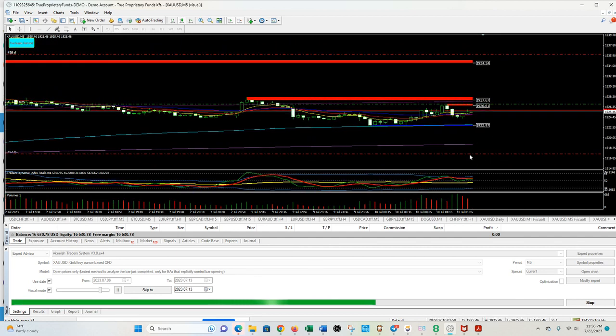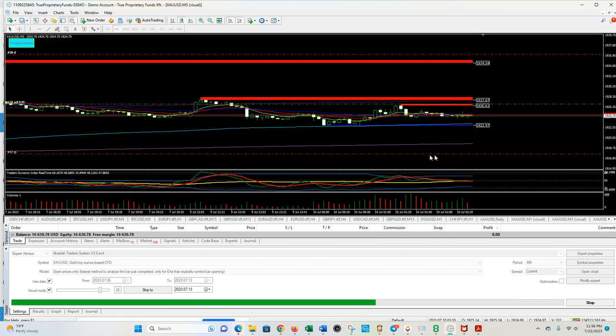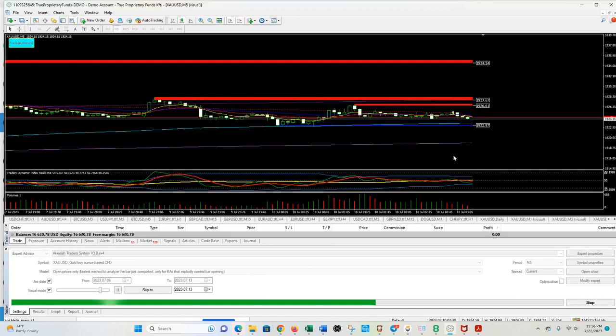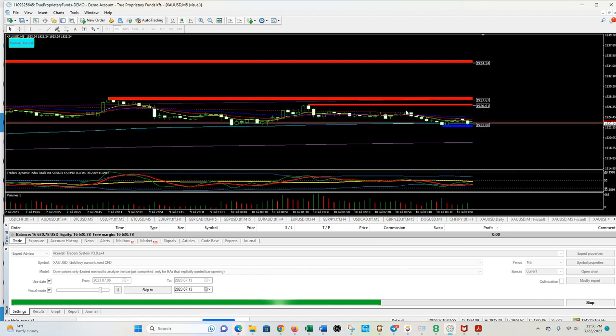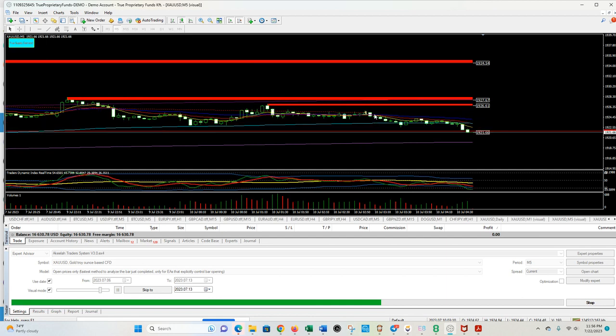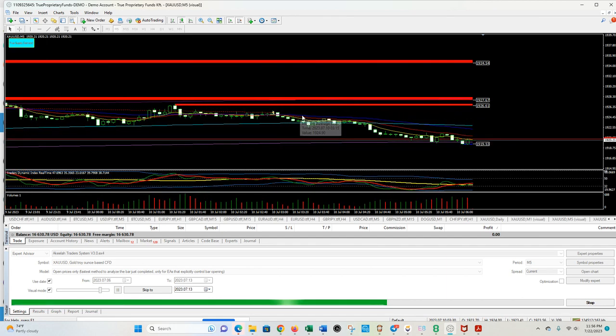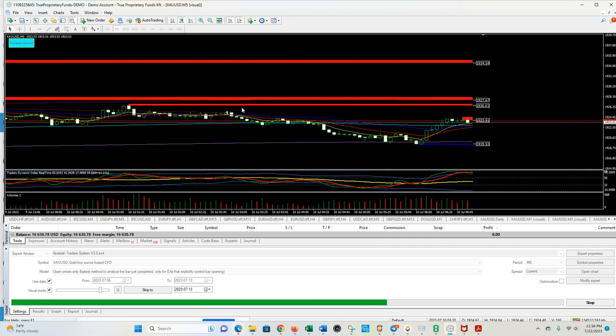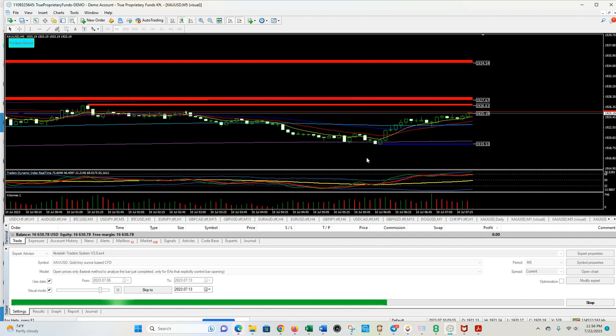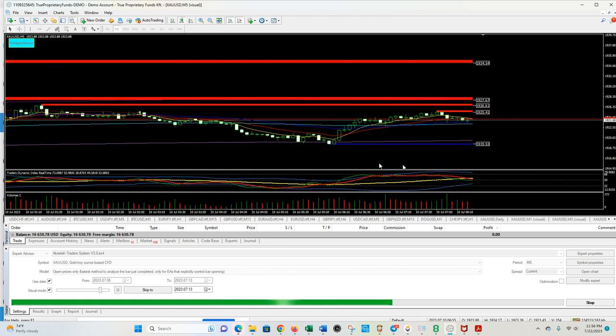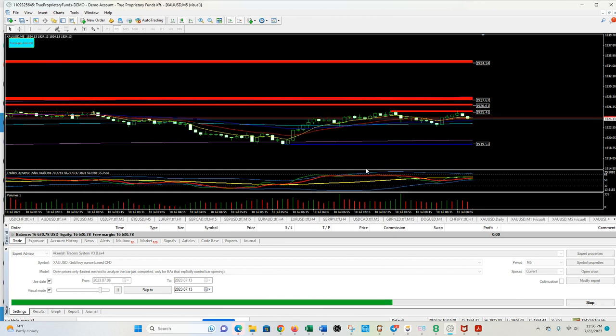So we're trying to come down to hit this first stop loss. Okay, we closed out of that sell. The bot recognized that that trade did not look like it was going to continue the momentum, and it did not determine that it was going to hit the take profit. So we got out.